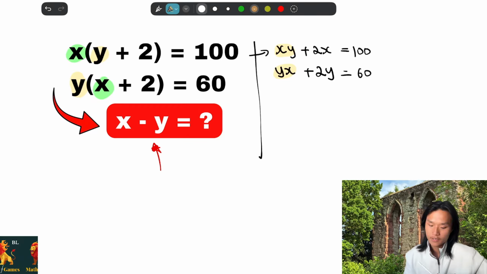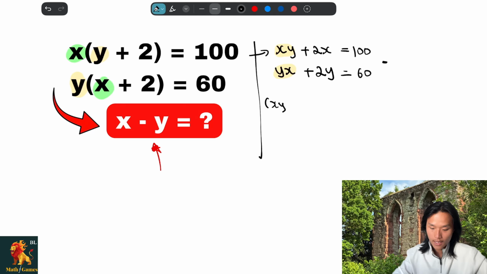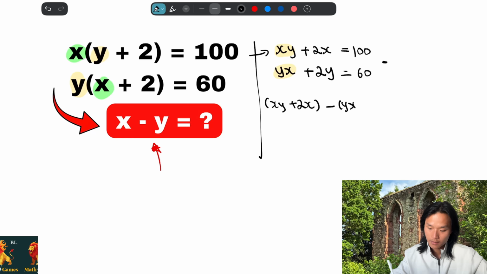So I was thinking if we subtract these two equations, we can get rid of the xy's. Let's try that. So xy plus 2x minus yx plus 2y.